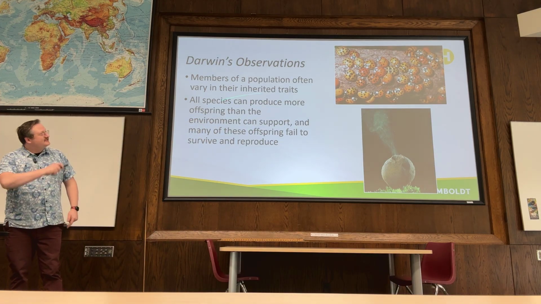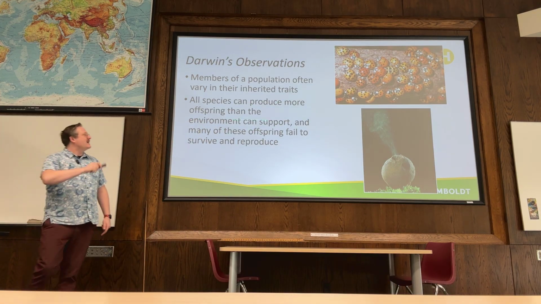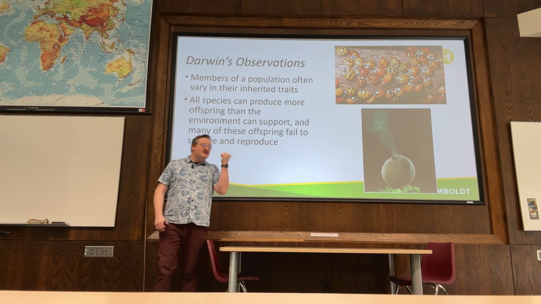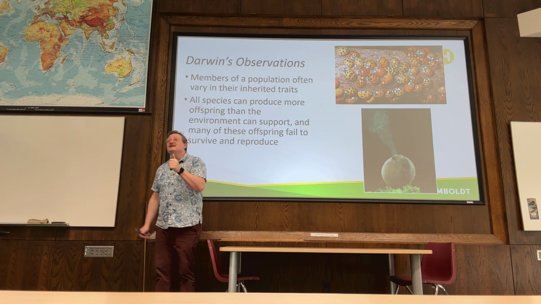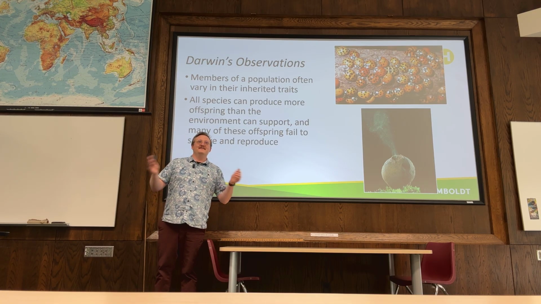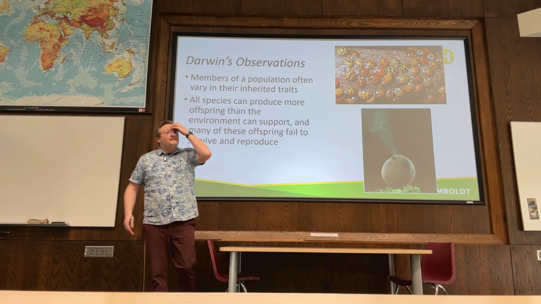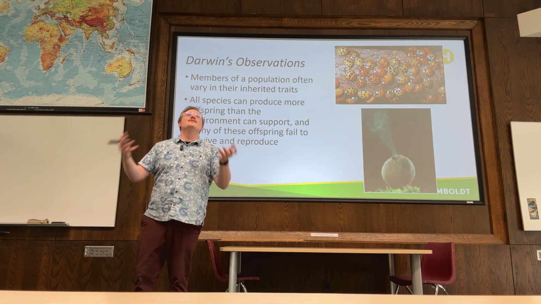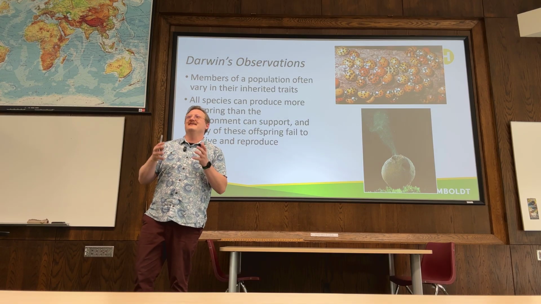Species produce more offspring than the environment can support. Many of the offspring fail to survive and reproduce. What does this mean? The organisms that do survive and reproduce, well, they were the ones that had the genetics that were better suited to their environment, all right? And therefore, okay, the next generation will have more of the genes that are better suited to their environment.